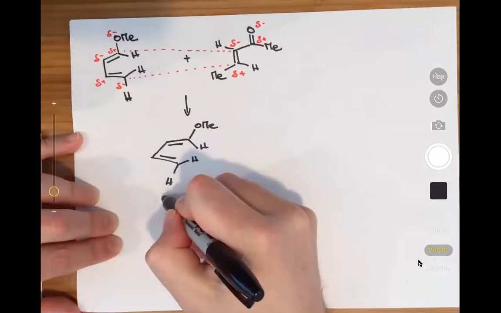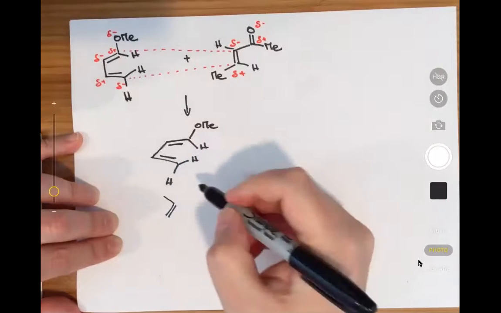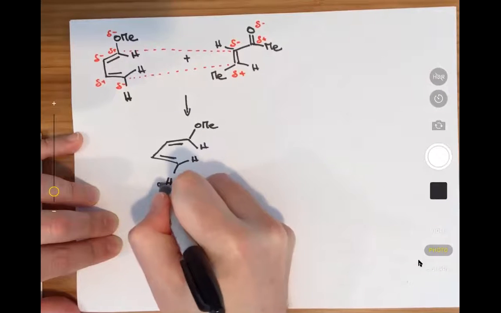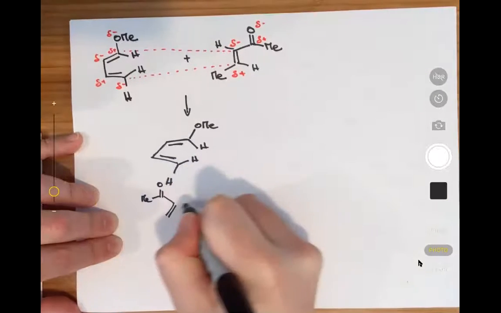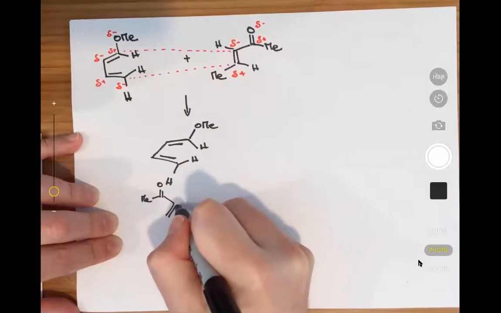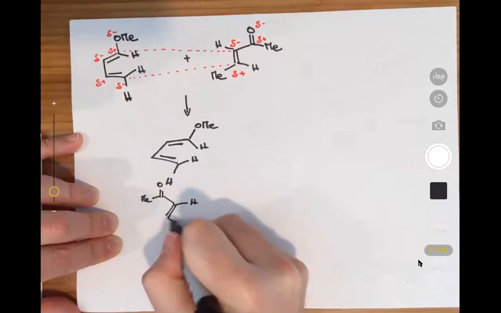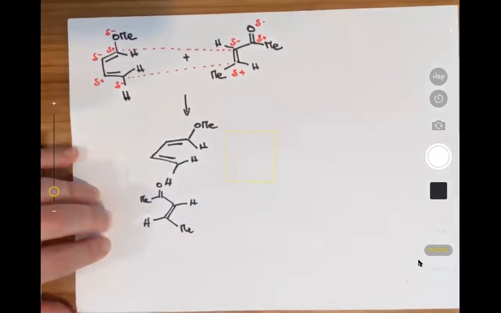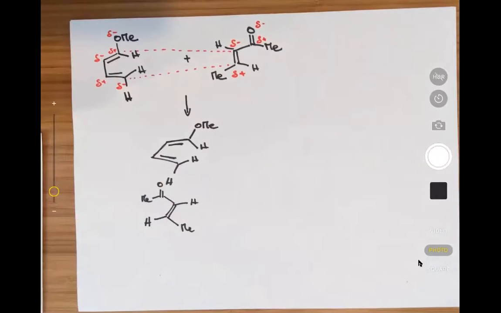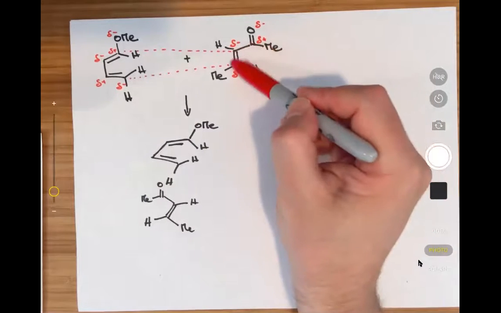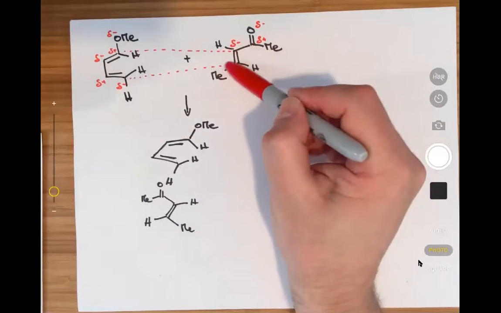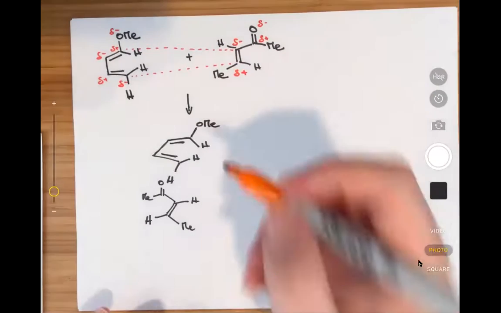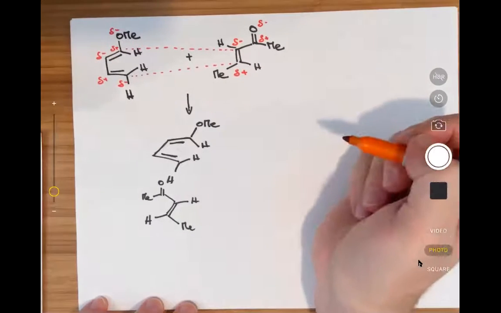So essentially, what that means is that I take the carbonyl here, methyl, put this over here, and on the other side I have the hydrogen, and then the methyl group points out here, and I have this on the other side. So keep in mind that we have to keep the stereochemistry around the double bond the same, of course, right? All right, so all we need to do now is figure out which ends are reacting with each other.